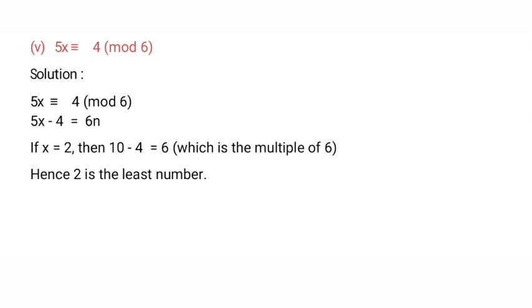For x equal to 1, 5 into 1 is 5, 5 minus 4 is 1, which is not divisible by 6. For x equal to 2, 5 into 2 is 10, 10 minus 4 is 6. Therefore 6 is divisible by 6, which is a multiple of 6. Hence 2 is the least number.